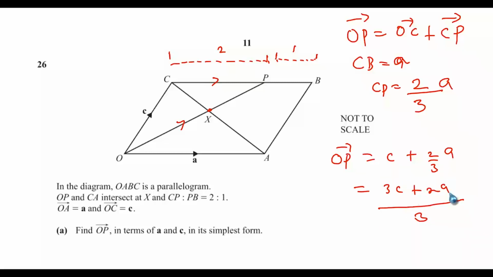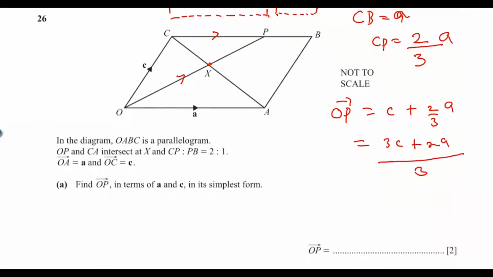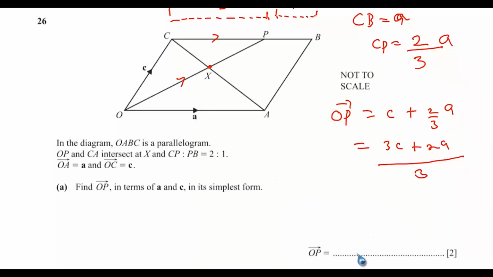But I think it's better to leave the answer like this because it's pretty easy to work with. So I can write the position vector OP to be equals to C plus 2 over 3A, or 2 over 3A plus C. So any one you have is okay. So let's go to part B.